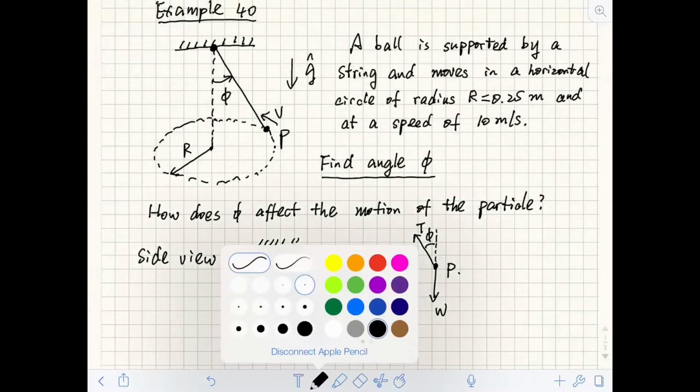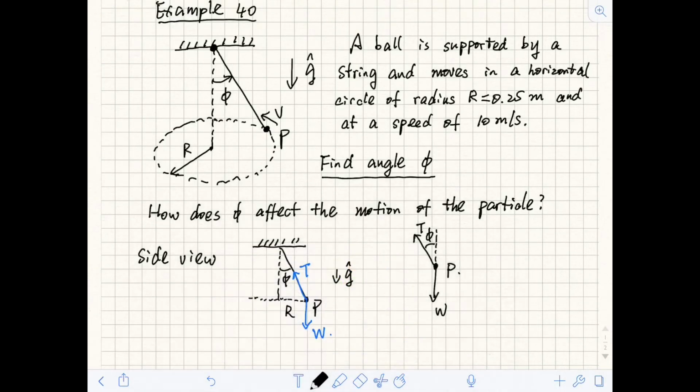So this is how phi is going to change our motion. Depending on the angle of phi, we're going to get a different component of the tension in the horizontal plane. But we'll see that in a moment.